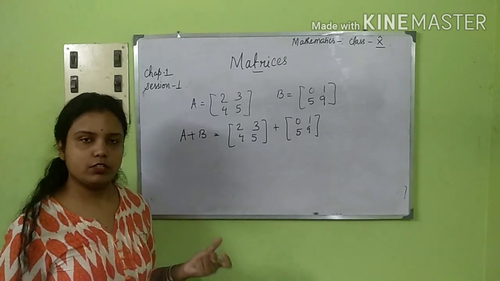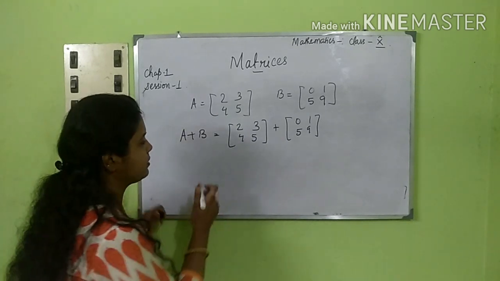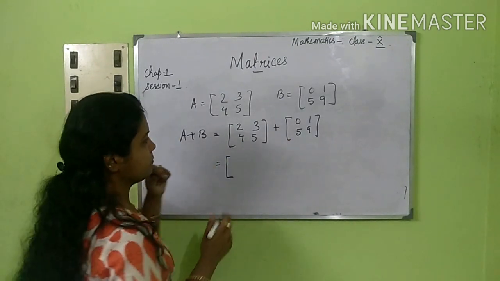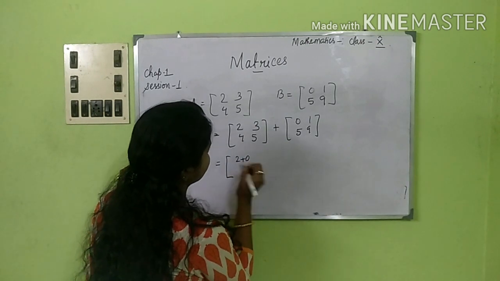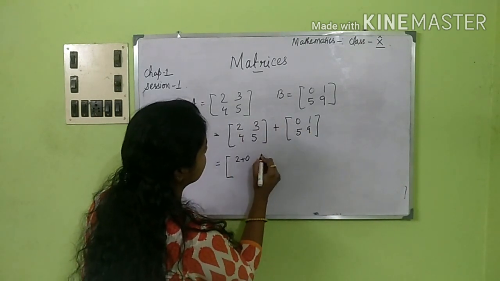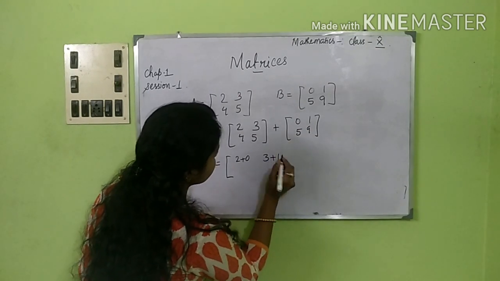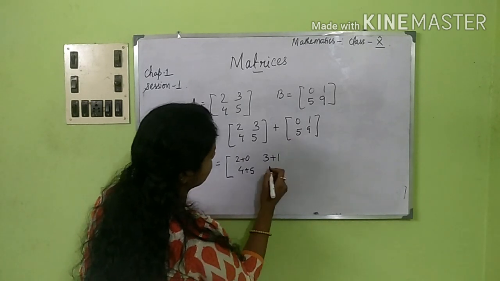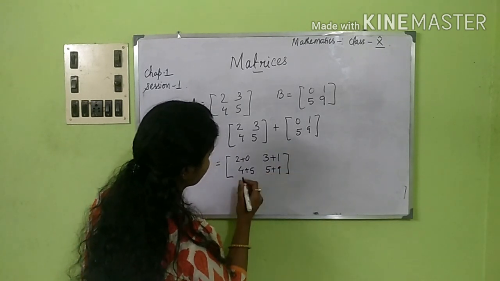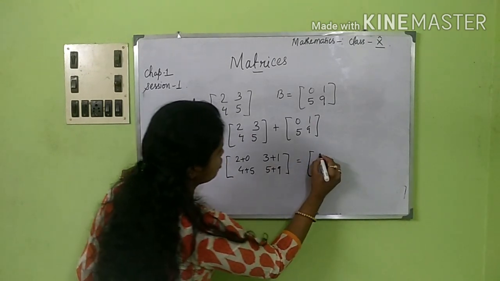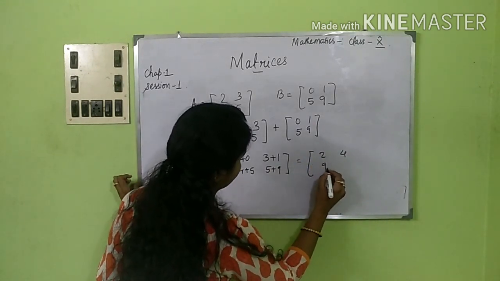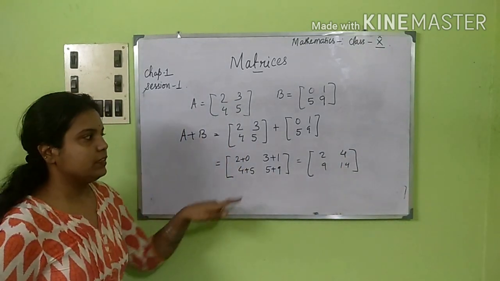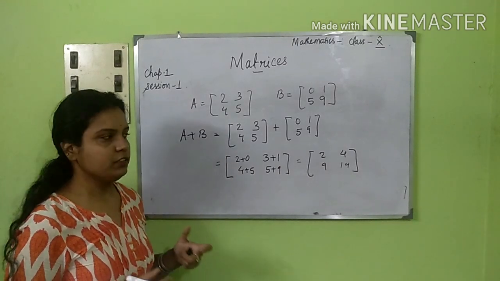I'll come to that example also so that it becomes clear for you. Next, how will we add these two equal ordered matrices? 2 plus 0, that is this plus this, then 3 plus 1, then 4 plus 5, 5 plus 9. So we are getting 2, 4, 9 and 14. This is the matrix after addition.